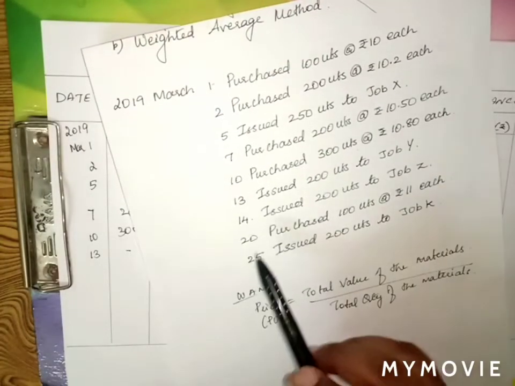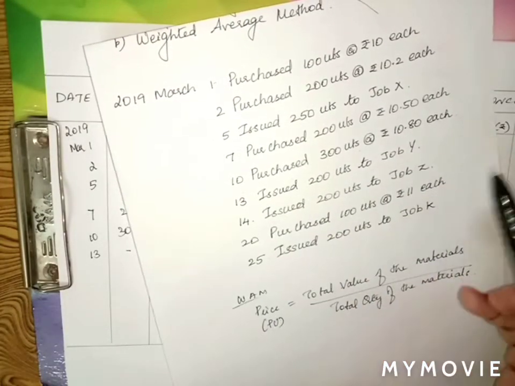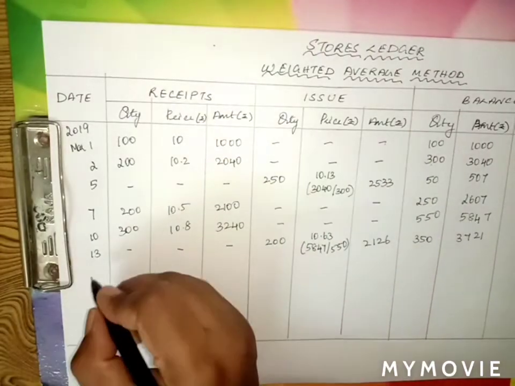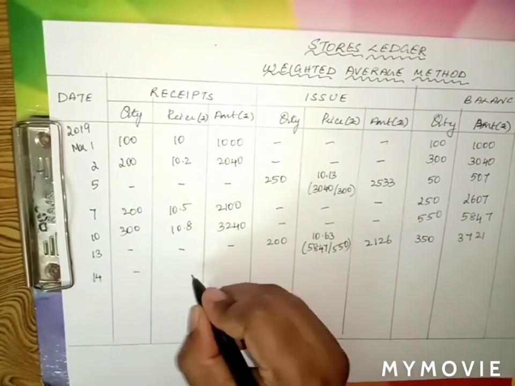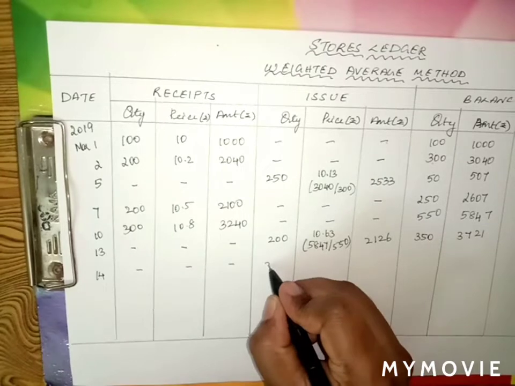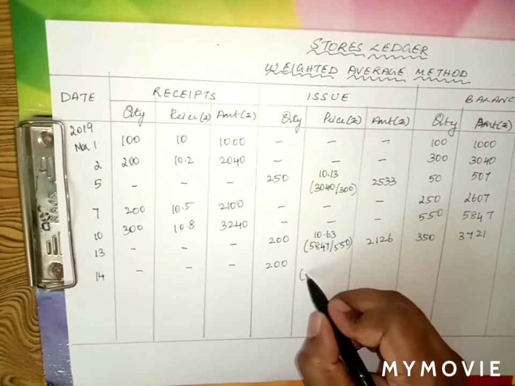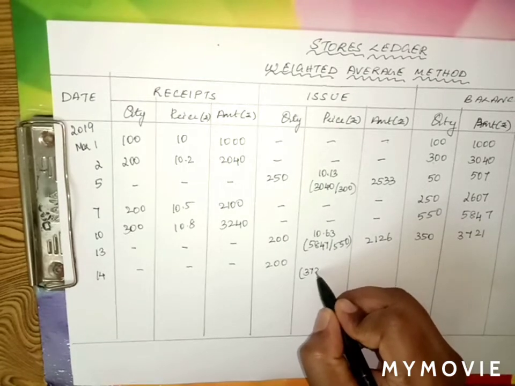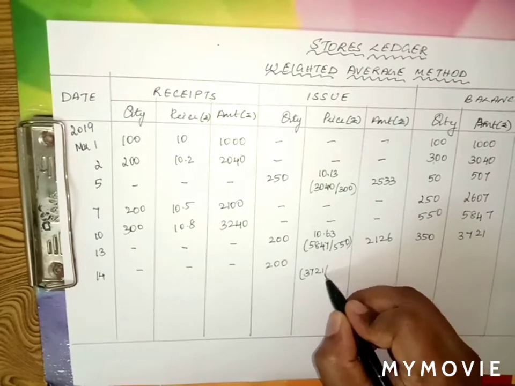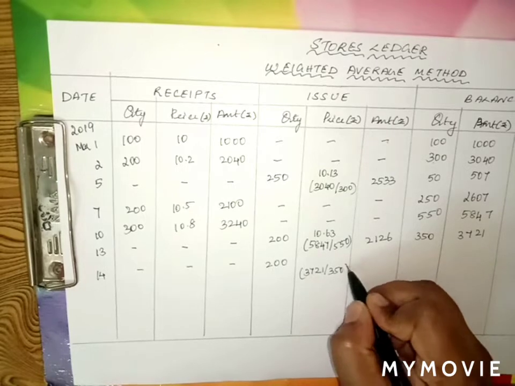We'll see the next one. On the 14th, issued 200 units again. So we'll write 200 units in the issue column. Divide the amount by the materials available, so 3721 divided by 350 units.